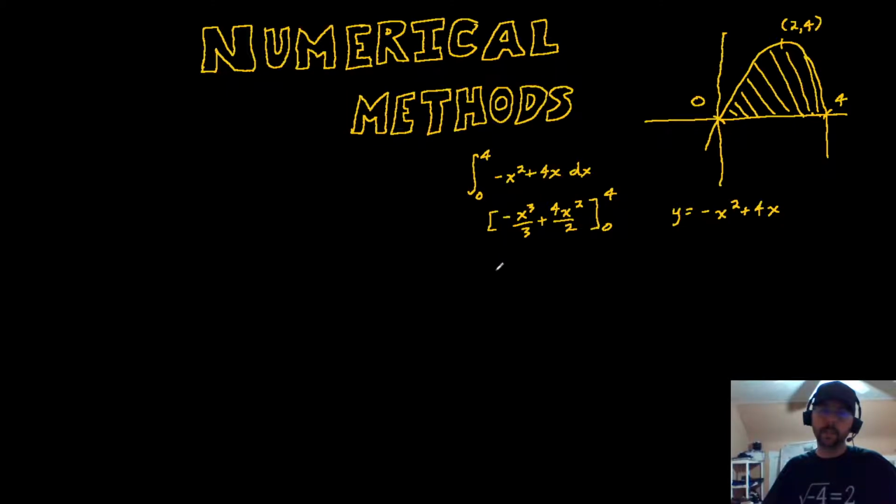So we have negative 4 times 4 times 4, that's 4 cubed, over 3, plus the 4 and the 2 cancel, so we're left with 2 times 4 times 4.